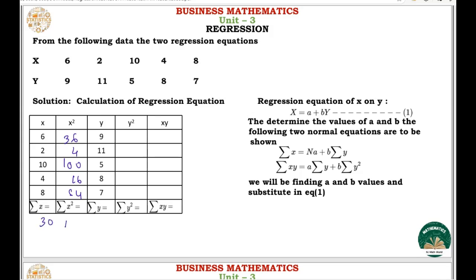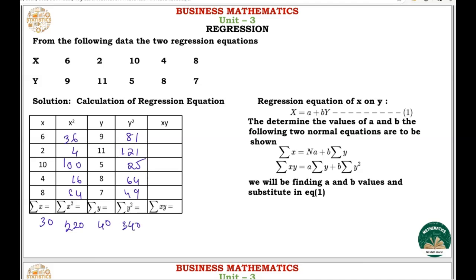Sigma x square will be 220, sigma y will be 40, and sigma y square is 81, 121, 25, 64, 49. So when you add this all, we get sigma y square as 340.